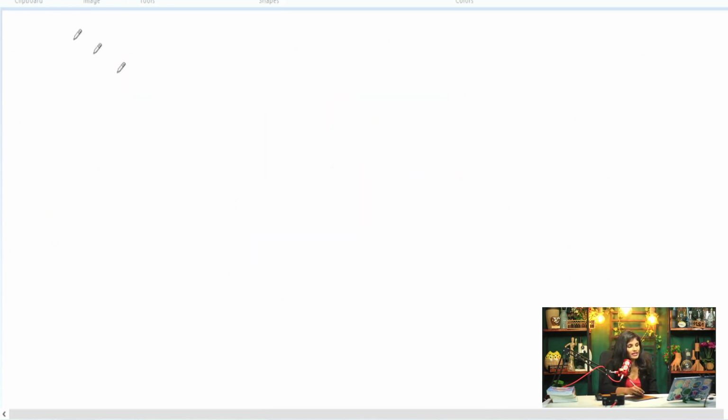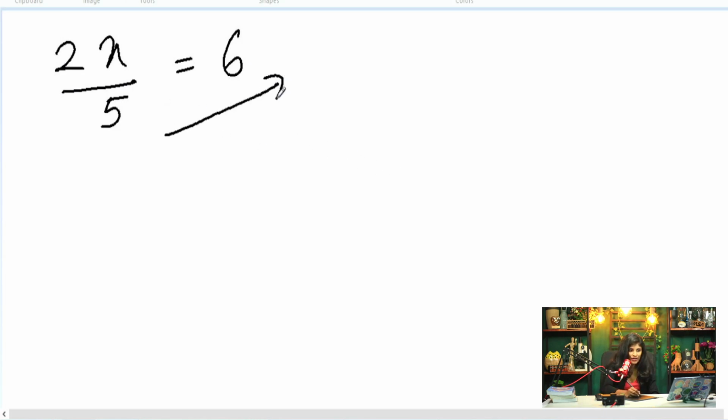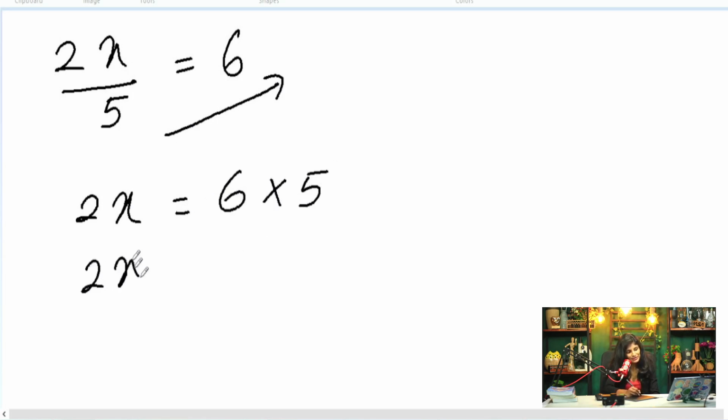And our next question, 2x over 5 equals 6. What I have to do is remove the 5. So, I will carry 5 to the other side. Then, 2x is equal to 6 multiplied by 5. Okay. 2x is equal to 6 times 5, that's 30, no?